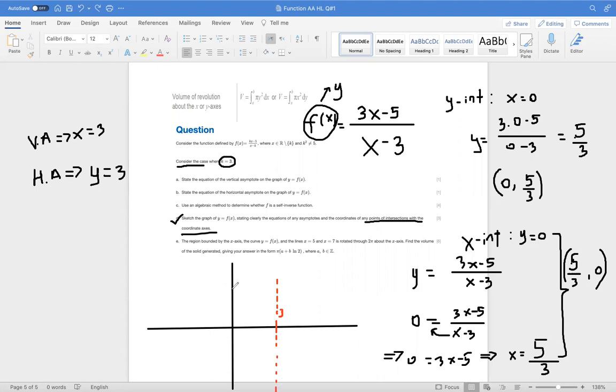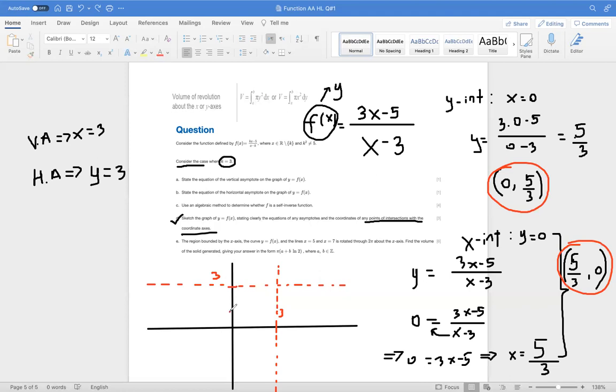Okay, and we have horizontal asymptote, which is also 3. So my sketching line won't touch them. Okay, so these are my border. And the next thing is to put the x-intercept and y-intercept. I have 2 points, right? 0 and 5 over 3, and 5 over 3 and 0. So x equal to 0, y equal to 5 over 3.